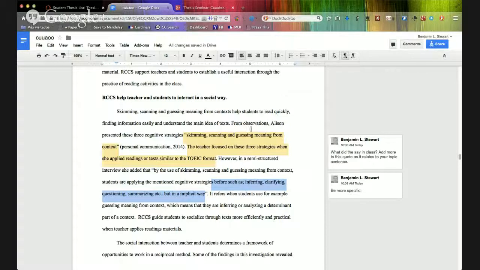So either modify this or modify this, but this, I need to idea. Yeah.